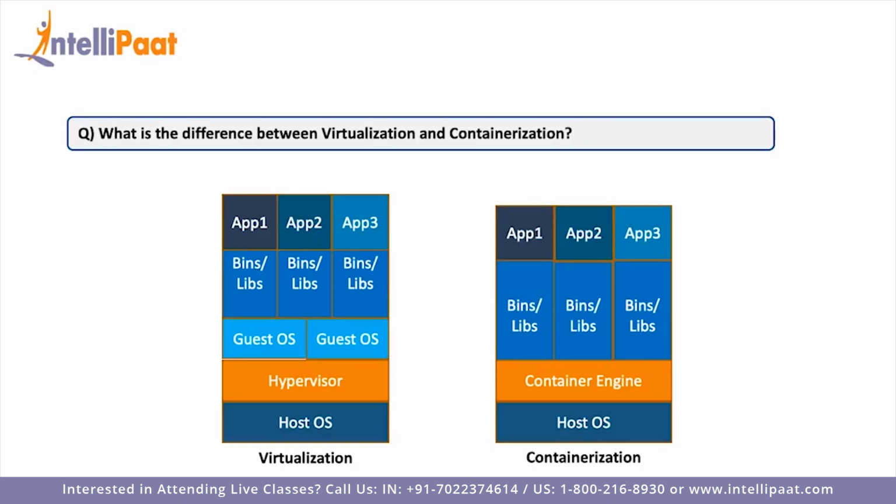Once you've installed the guest operating systems, on top of that there would be the binaries or the libraries that you would be downloading or that came with the operating system, and on top of that you have the applications which would be running, right? So the key takeaway from virtualization should be that the whole operating system is installed from the kernel level to the application level. Everything is fresh, everything is new.